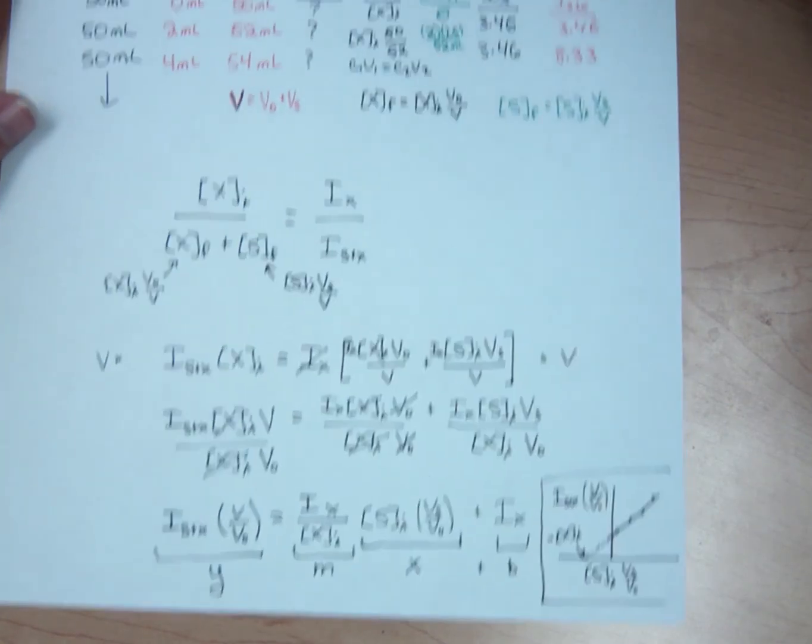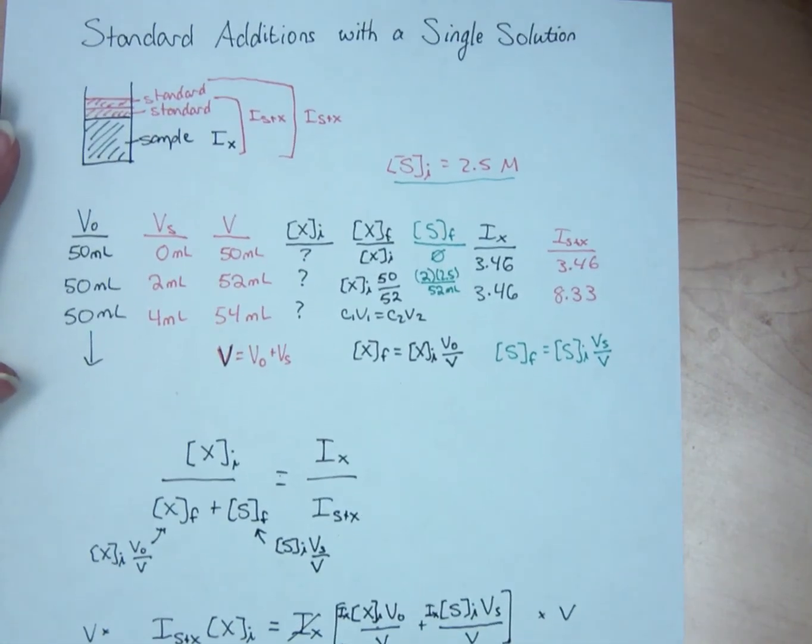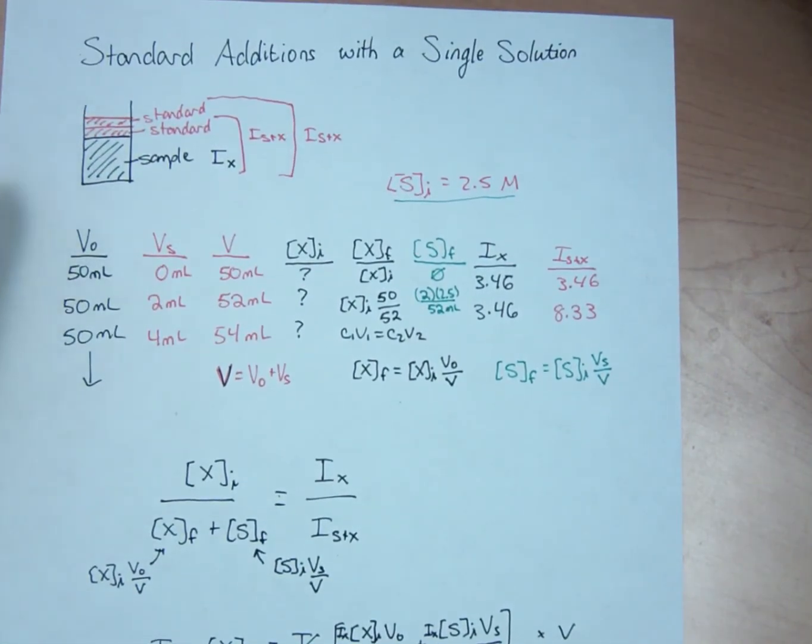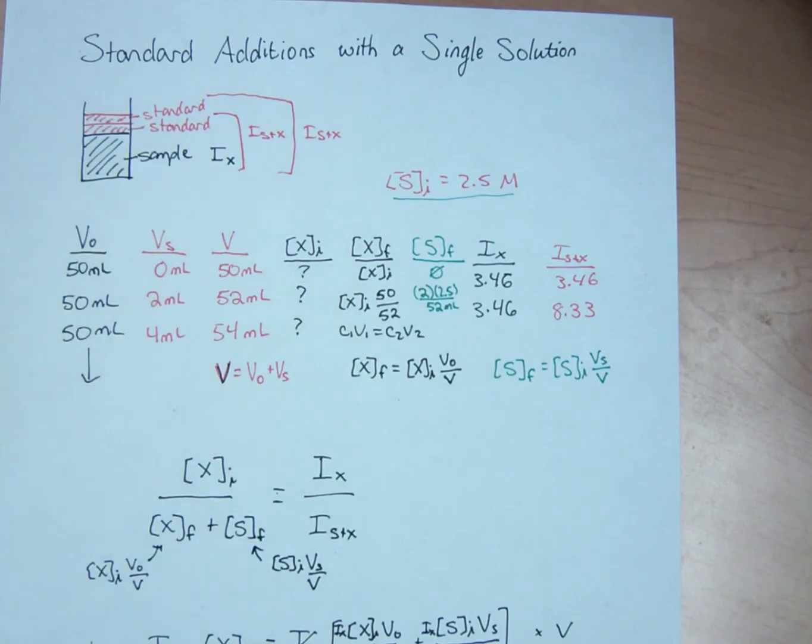Okay, so let's recap here. We got lost in the math a bit throughout because the math was hard. But what we have here is a setup where we start with a sample and we're adding small amounts of standard to the sample, mixing it up, and recording the instrument intensity along the way.